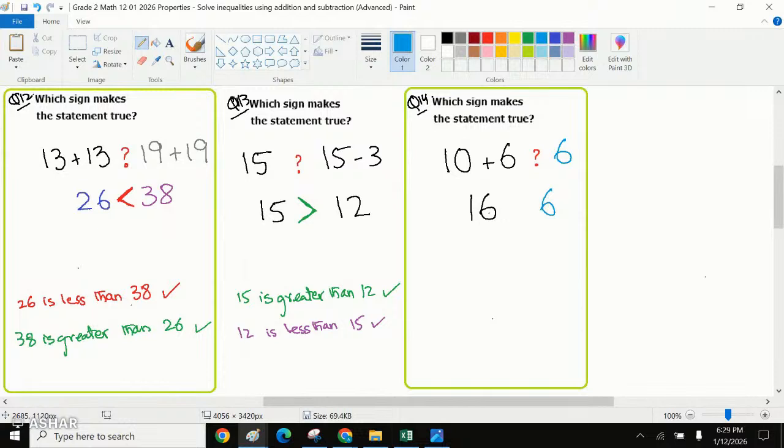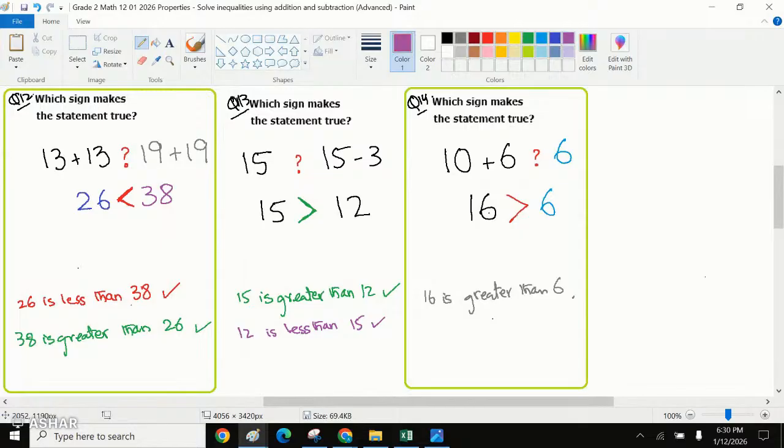So which value is greater? Obviously, we know that 16 is greater than 6, right? It's 10 more. That means we make the greater sign towards the bigger value.